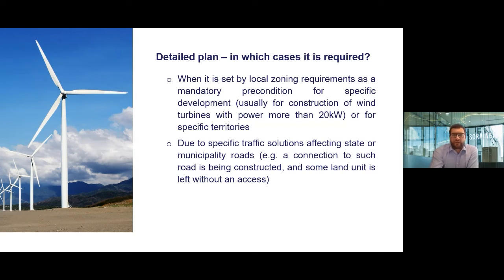And another ground for a detail plan is when specific traffic solutions are required and if those solutions affect state or municipality roads. For example, if a connection to such a road is being constructed and due to rearrangement of borders, some land unit is left without an access.